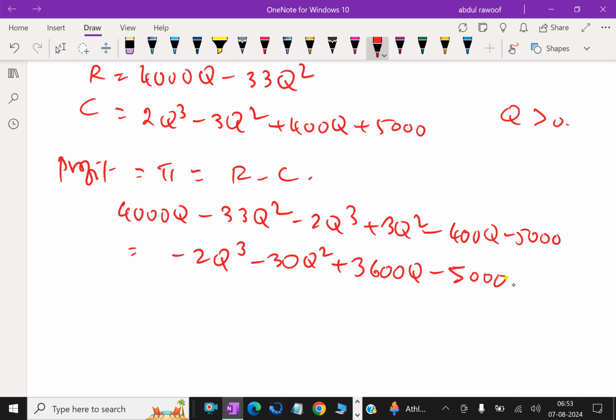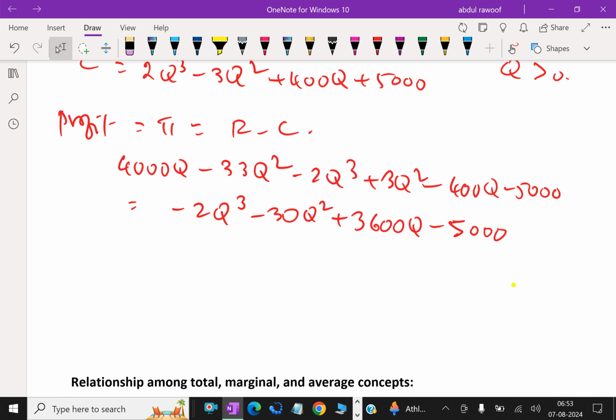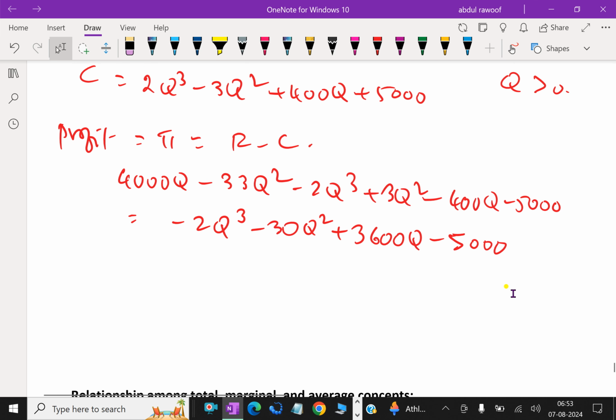This is the function for profit. Now we find the differentiation of profit with respect to q, d pi by dq.